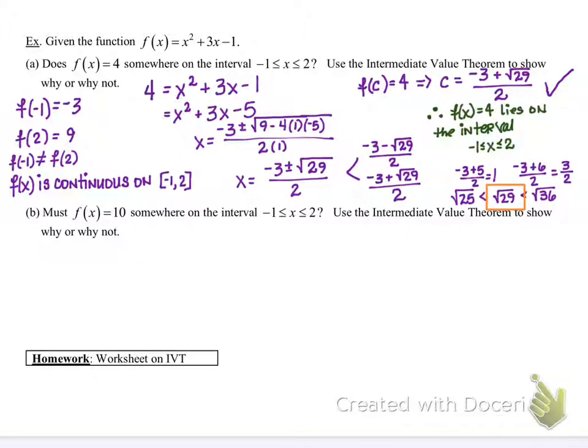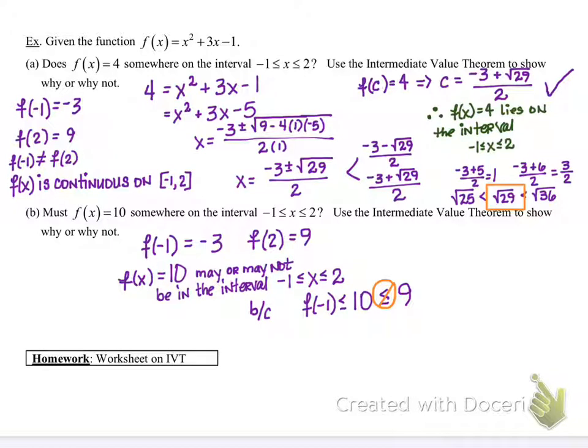Okay, we're going to look at the next one. Okay, in this case, we can only say that it might be in there. We might have something bouncing all over the graph, but it is not necessarily contained in this interval.